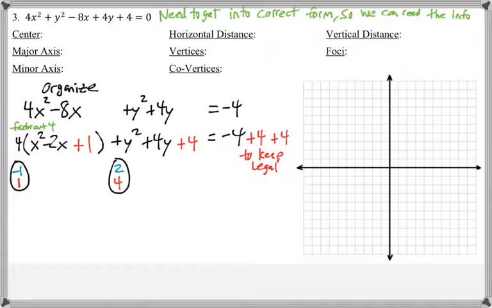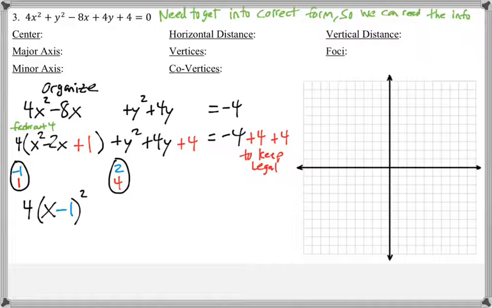Okay, so I'm going to continue with completing the square. This is going to turn into 4 times x minus 1, and that's where we see the minus 1 again, squared. So if you factor this, this factors as a perfect square trinomial, and that's how we get the x minus 1 squared.